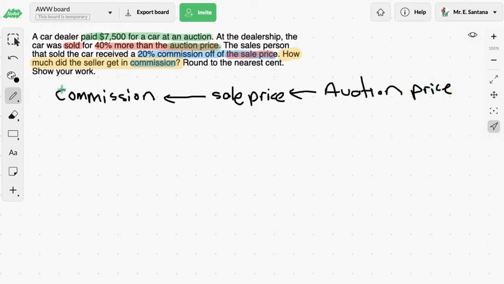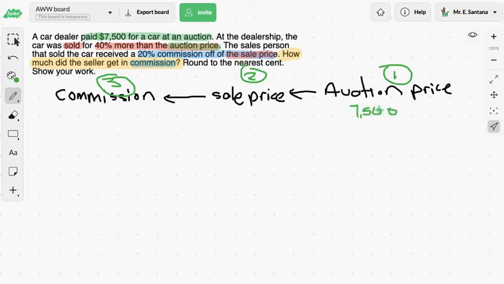It seems like a lot, but this is what we have to do. We start from the auction price because we're going in that specific direction: 1, 2, 3. That's how we need to get our information. We know what the auction price is. That's a given. That's $7,500.